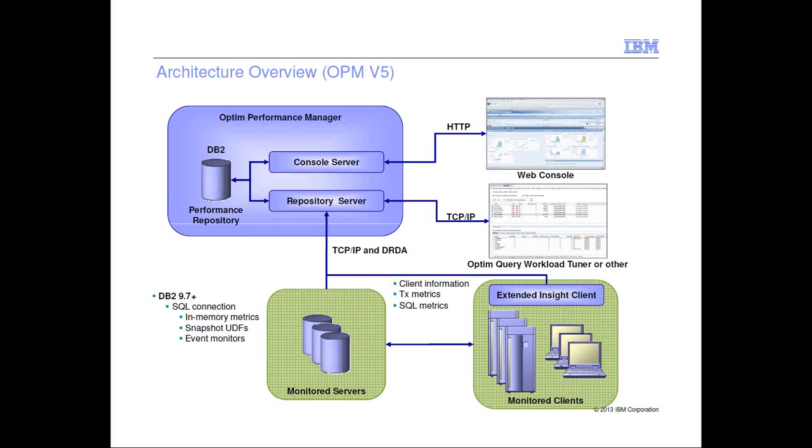Later on in the session, we'll show you the drawing and the dashboard, which shows details on what metrics Extended Insight brings into picture. So that's the architecture, basic components of OPM that a user would see.